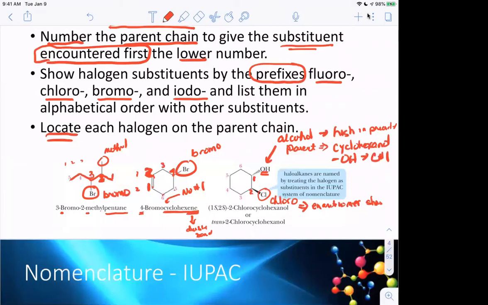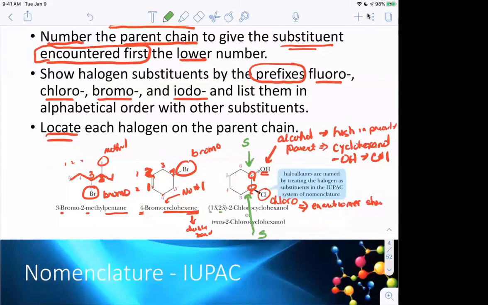So if I assign configurations to the 2 chiral centers here, as drawn on the piece of paper, what I'm going to get is this hydroxy is going to be an S configuration, and the chloro is going to be also an S configuration.